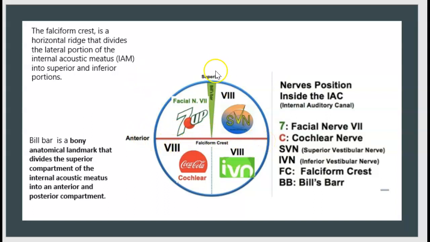On the other hand, Bill's bar is a bony anatomic landmark that divides the superior compartment of the internal acoustic meatus into anterior and posterior. Bar divides the posterior and the anterior. Falciform crest divides the superior and the inferior.